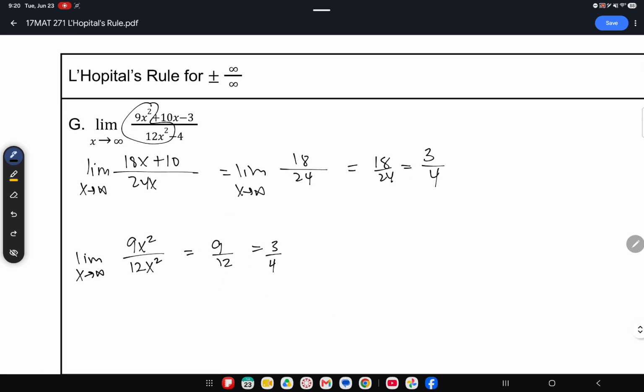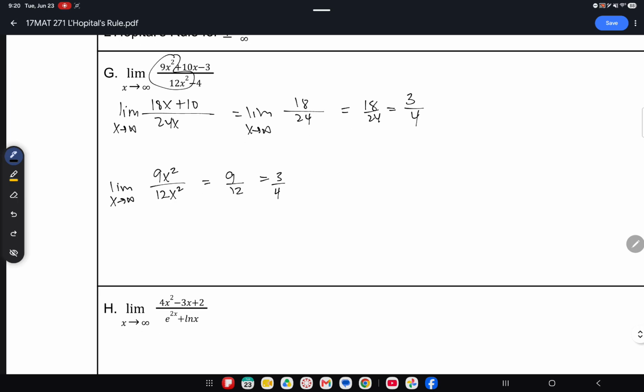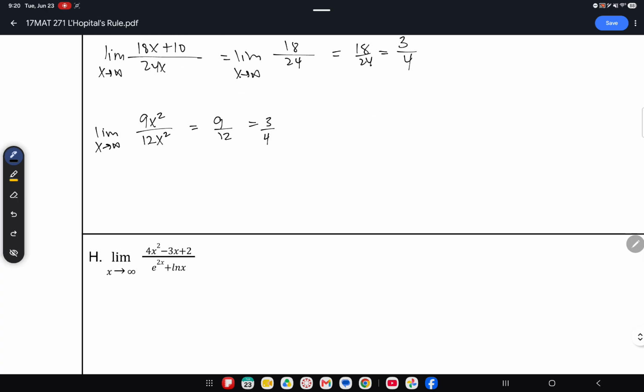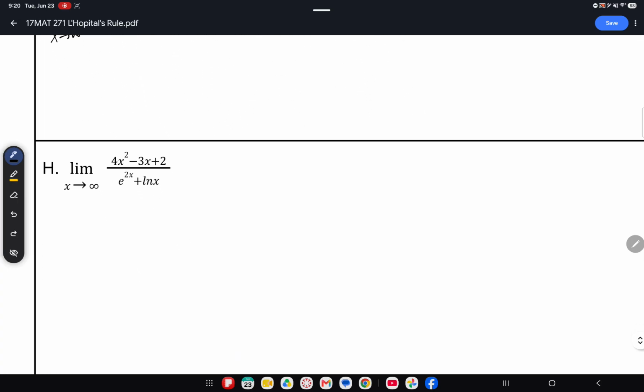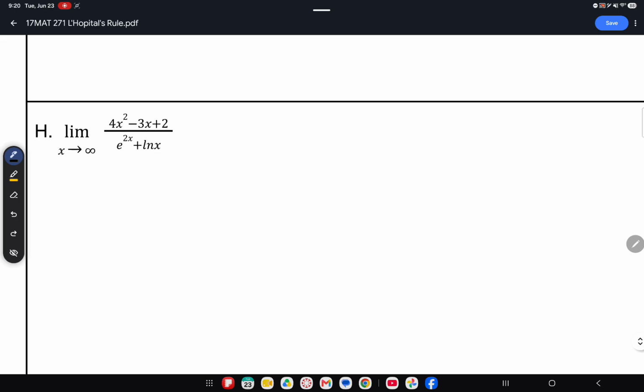And I keep that idea in mind for something like this, right? So if I think about my order of functions here and how fast things grow, this top one is a quadratic. So it's growing. But then I have e to the x plus natural log of x. So natural log of x looks something like this.